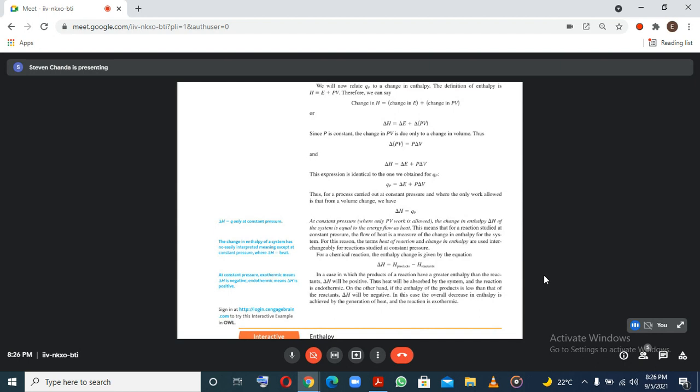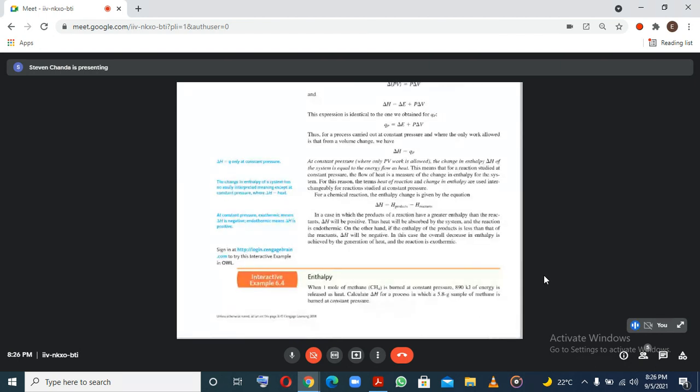This means that for a reaction started at constant pressure, the flow of heat is a measure of the change in enthalpy for the system. So depending on how the heat is flowing, that is actually giving you the enthalpy change occurring for that particular reaction. Because of this, you could say the heat of the reaction or the change in reaction, right? So long as the reactions in question are talking about a reaction occurring at constant pressure, because it's only at constant pressure that this relationship holds true.